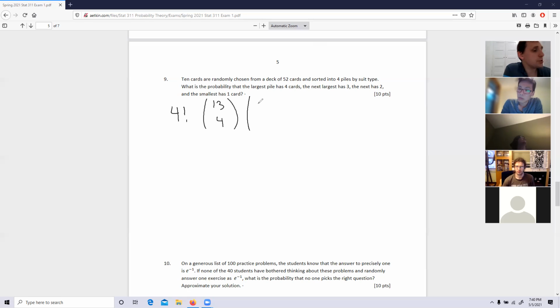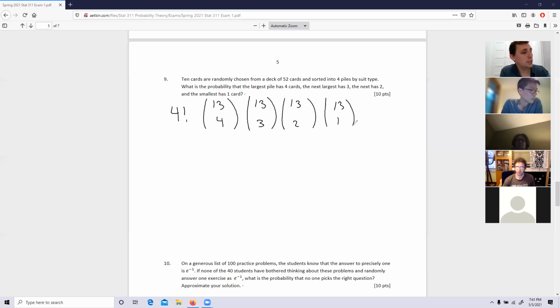So then for the other suit, we have another available 13 cards. So then we have 13 choose 3, and then another pile, we have 13 available, choose 2, and 13 choose 1. Okay, so that's going to solve it, and that's divided by 52 choose 10.